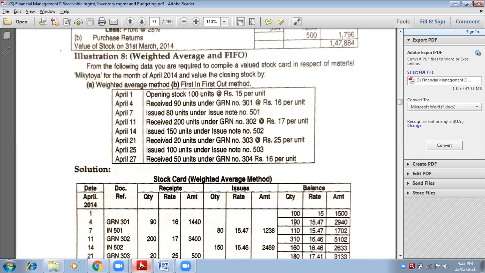So we will multiply 100 units with 17 in the column of issue. We are writing 100 units into 17 per unit. What will be the amount? 1,700. Very good.